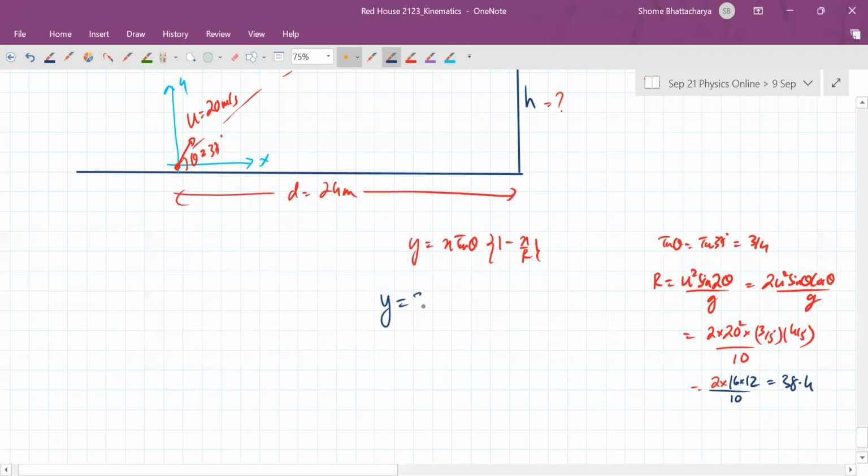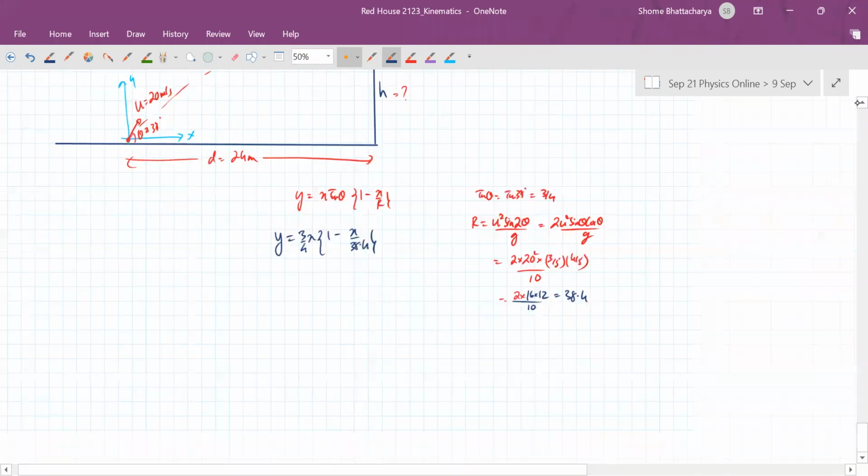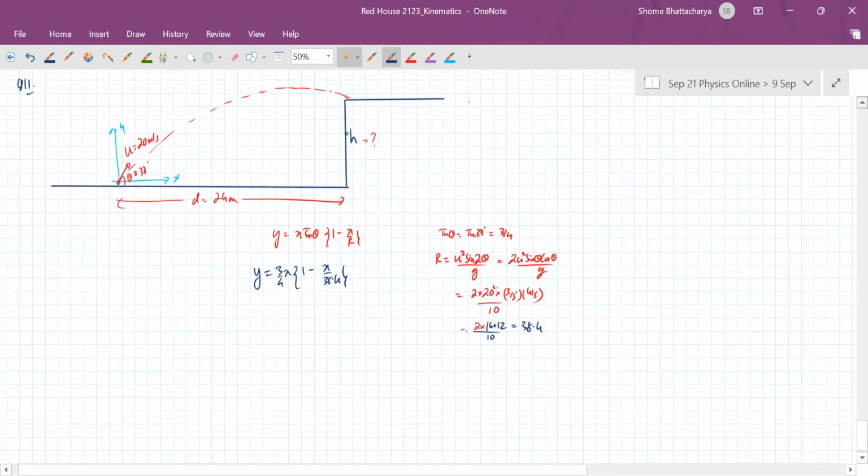So y is 3 by 4x into 1 minus x divided by 38.4. So now you put the coordinates of that point where it's hitting the rooftop.